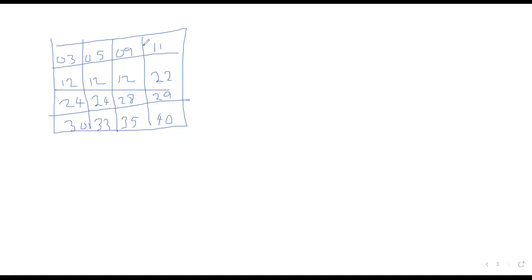So you are told to first draw what is called a stem and leaf diagram.